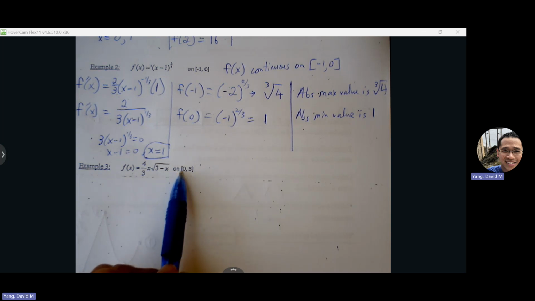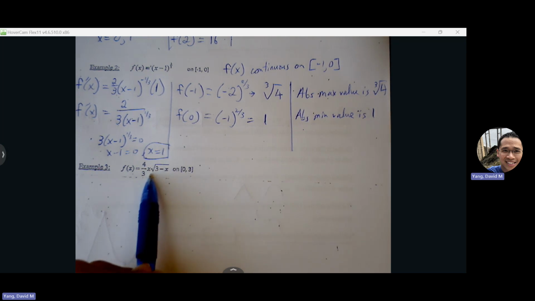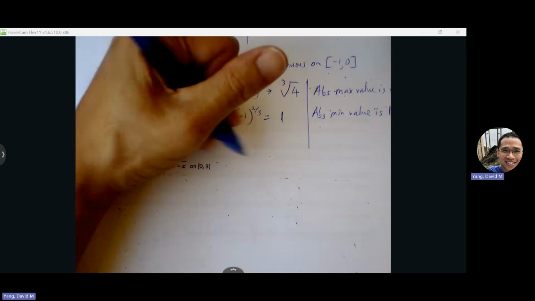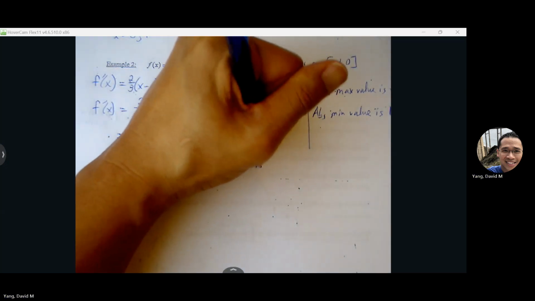But anything from 0 to 3, we're safe, right? Plug 0 in, I get 3. Plug 3 in, I get 0. Square root of 0 is still a real number. So we checked all the numbers between 0 and 3. We're safe. There's no issues with continuity. So we want to make sure, though, that we state our condition.